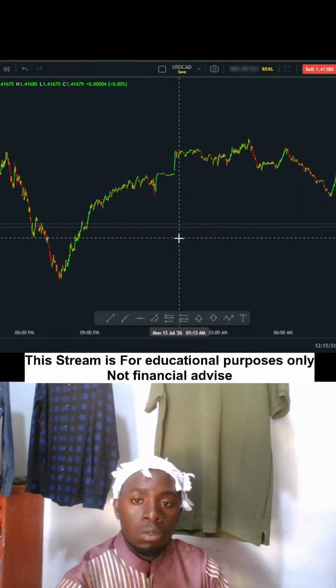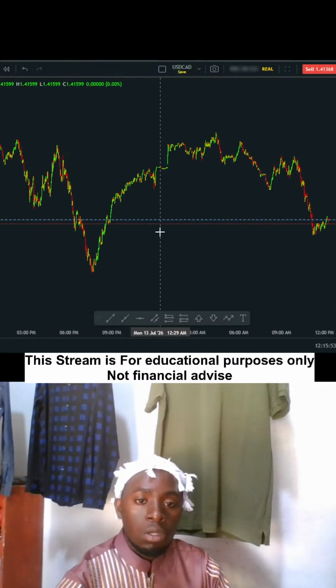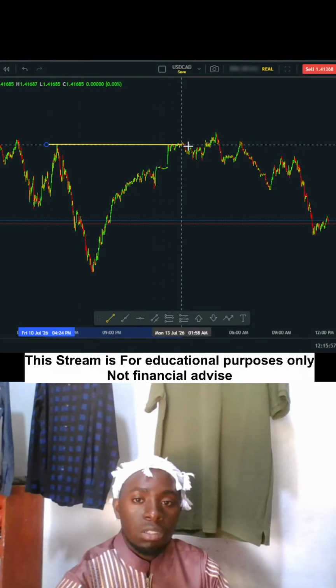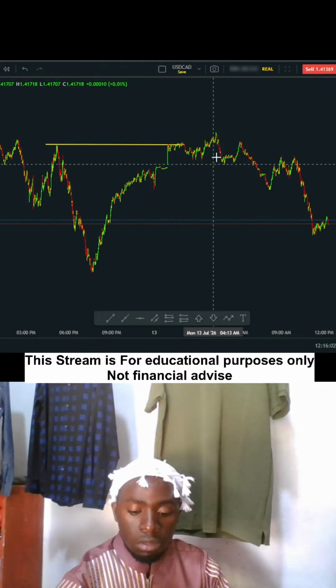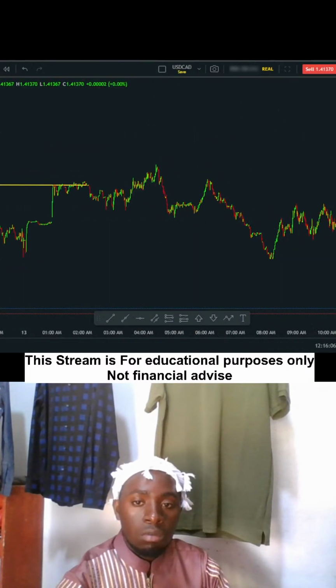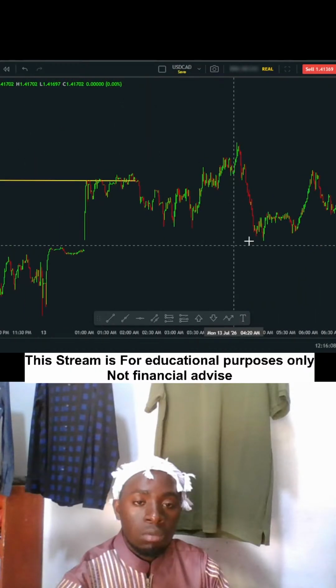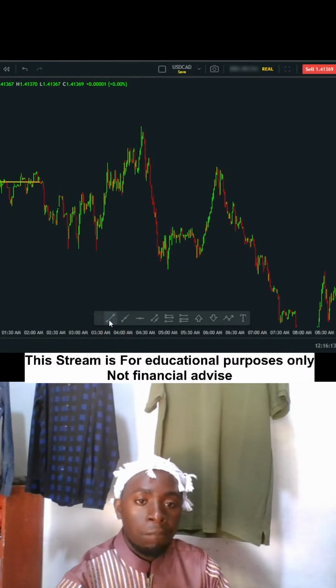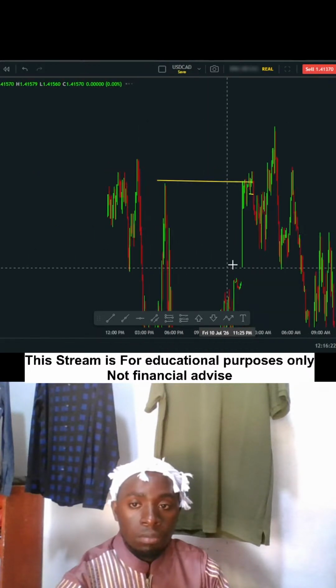If I check very well, this was some kind of market structure shift up somewhere around there. Then boom, boom, had that break. Oh man, I'm on the 1 minute again.